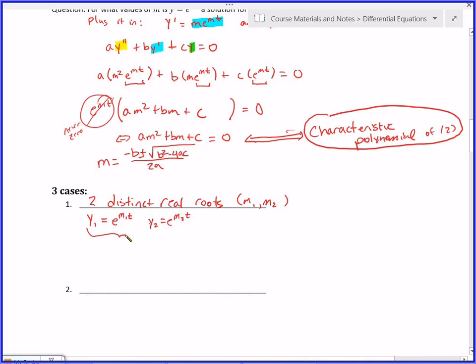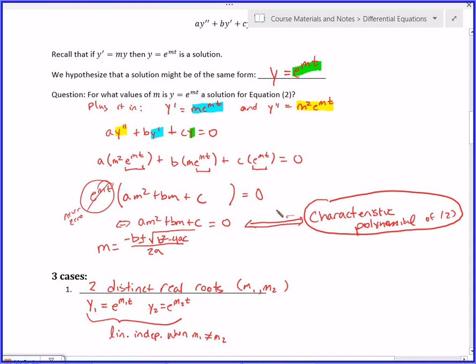Although I'm not going to check it, you can do so with the Wronskian. They are linearly independent if M1 does not equal M2. Obviously they are dependent if M1 equals M2, because they are the exact same function. So you then have 2 linearly independent solutions to a differential equation.